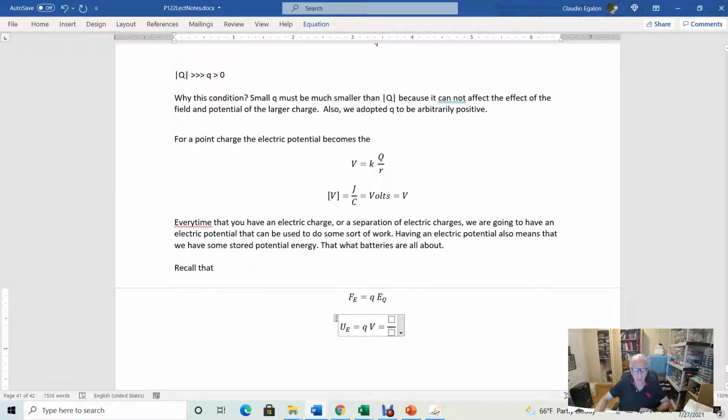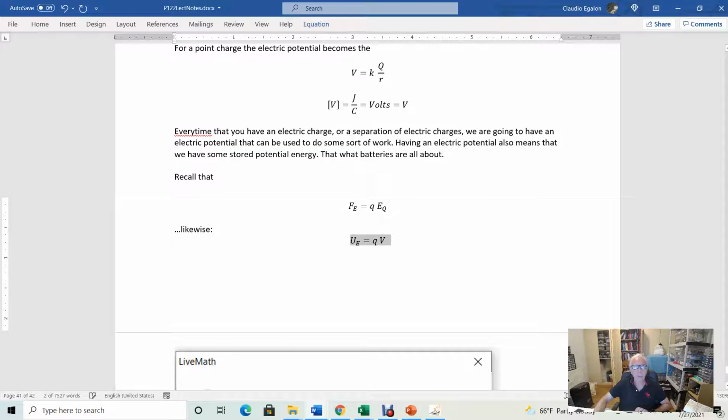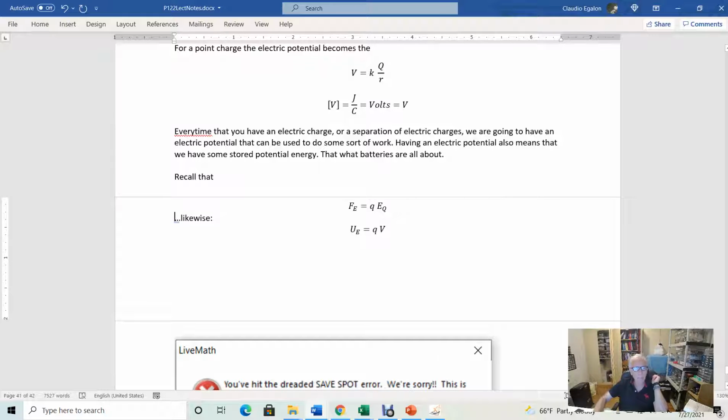One comes from the other, right? Knowing this relationship, now we can use the electric potential to solve electric problems in terms of conservation of energy. That's why you have to remember this relationship right in here.